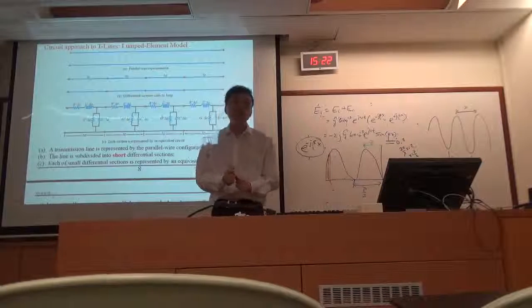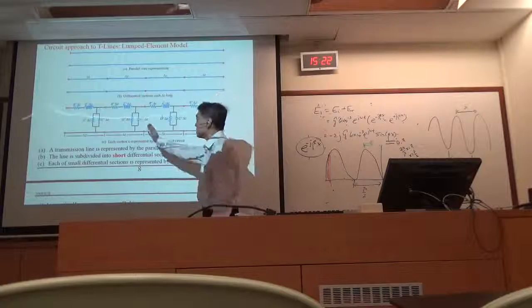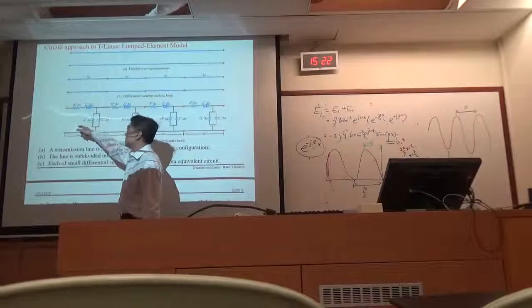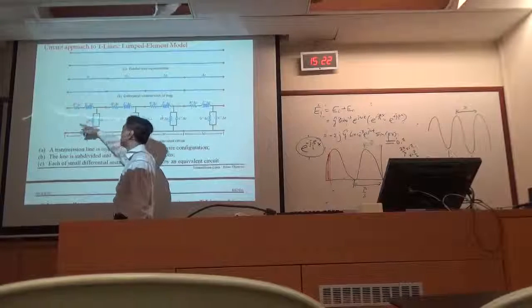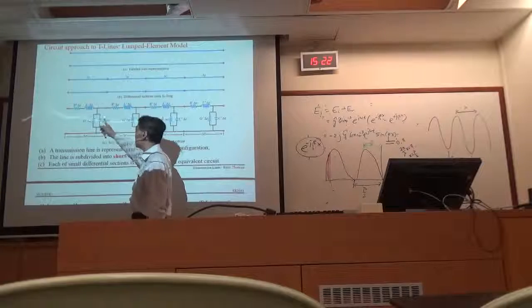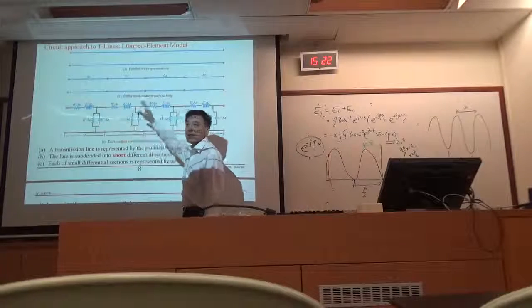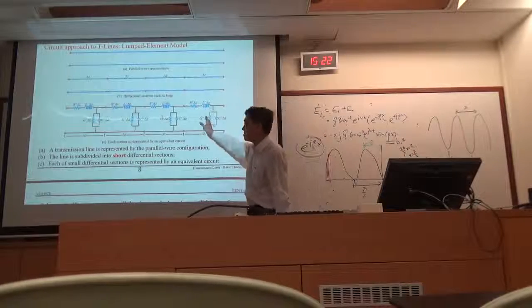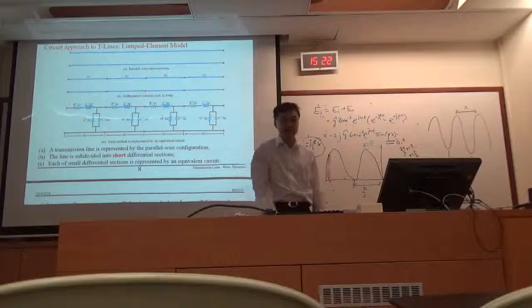Same thing: I can cut the transmission line into small little segments, and each segment has resistance, inductance, capacitance, and conductance. Each segment has a circuit like this, so it's repeated by many of the same segment.